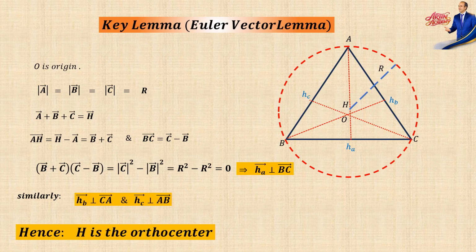This is equal to R squared minus R squared, which equals 0. Therefore, line AH is perpendicular to line BC. Similarly, line BH is perpendicular to line CA, and line CH is perpendicular to line AB. Hence, H is the orthocenter.